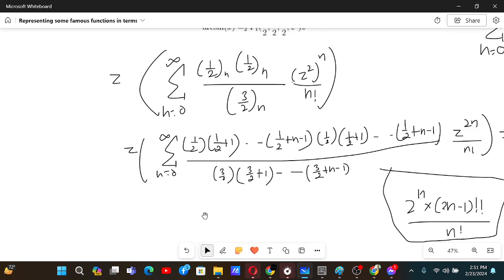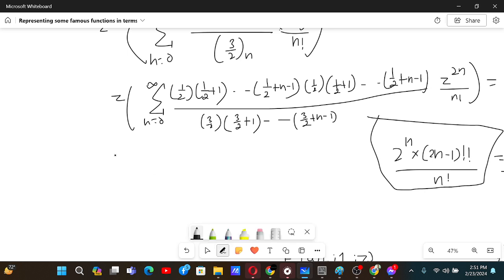Now something to notice over here is that this is also in this series as well. This is 3 by 2 plus 1, 3 by 2 plus 2, and those things are there. And basically up to the second last term of this series, they cancel each other out.